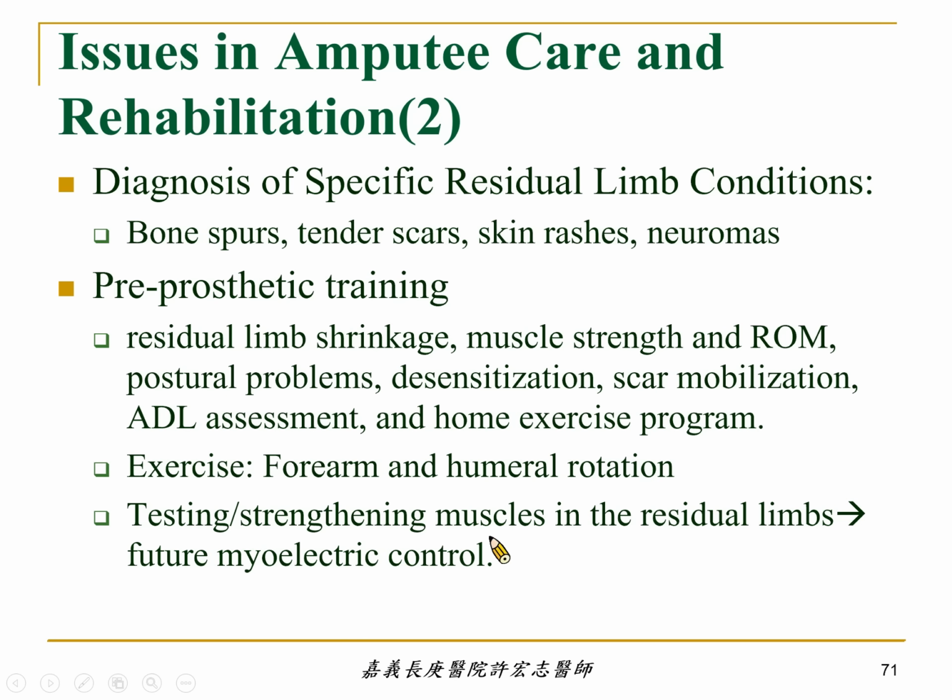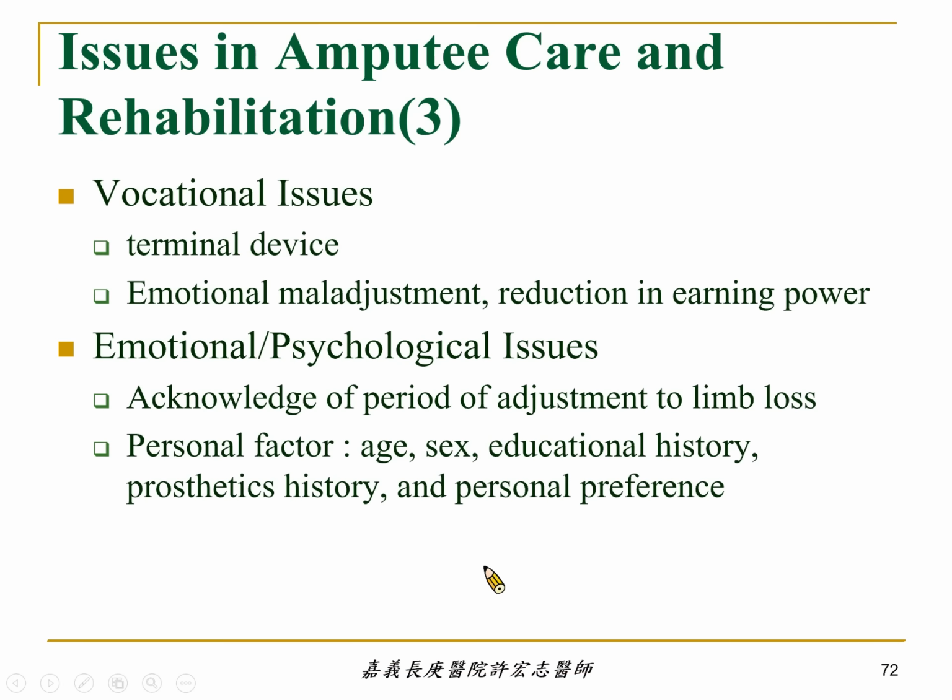All these muscles are to be evaluated and maintained. There are also some vocational issues, like the terminal device can be designed for different situations, and emotional maladjustment and reduction in earning power should also be noticed and paid attention to during training.